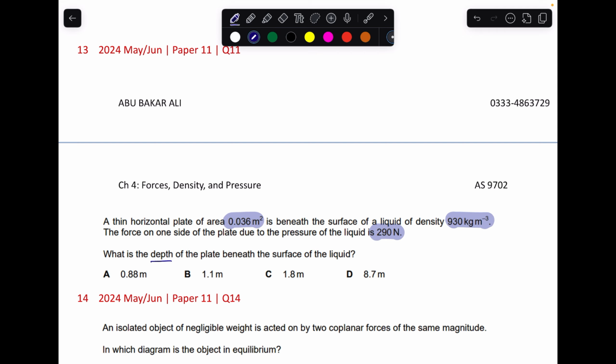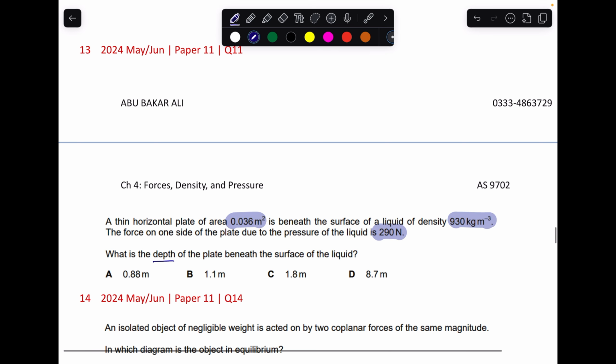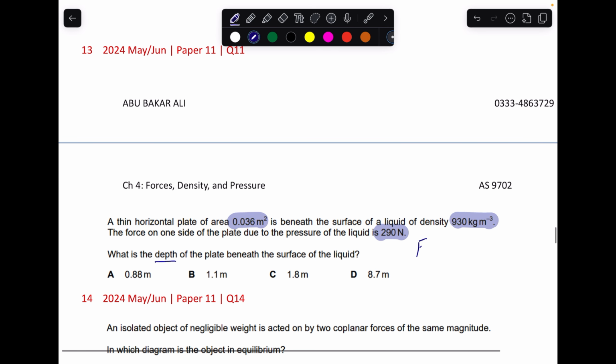So we don't have the pressure, but we have the force. For the force, we can write rho g V. We don't have the volume, but we have the area and we have to find the depth, so it can be written as A into h. Volume is area into depth.